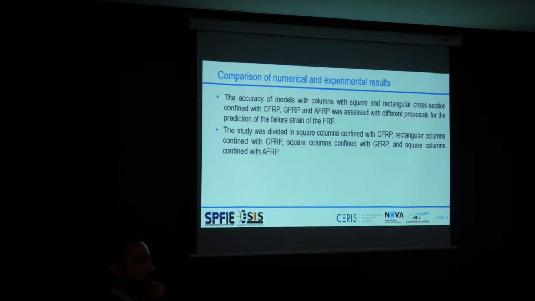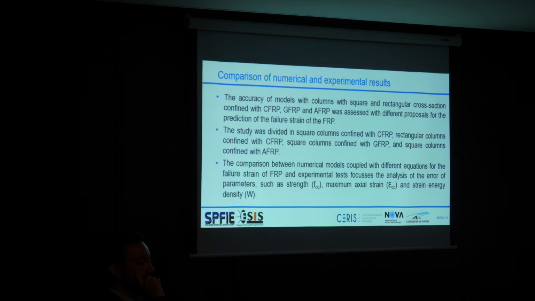That is actually a problem that we find when working with this type of experimental tests. Then the comparison between the numerical models and the experimental tests was done, and we focused on the analysis of the error of the parameters: the strength, the maximum axial strain, and the strain energy density.